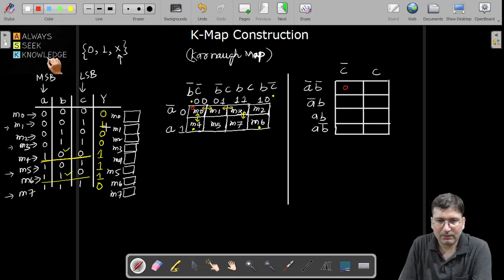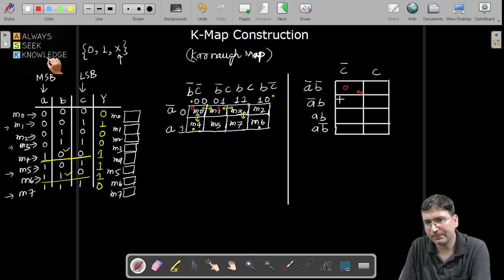Now M1 is 1, so M1 will be filled as 1. In this case, the arrangement is, let's say I'm writing here, M1, M0. This will give you M1. Now you check it: 0, 1, 0 will give you 2, so this is M2. Right, and 0, 1, 1 will give you 3, so this is M3.